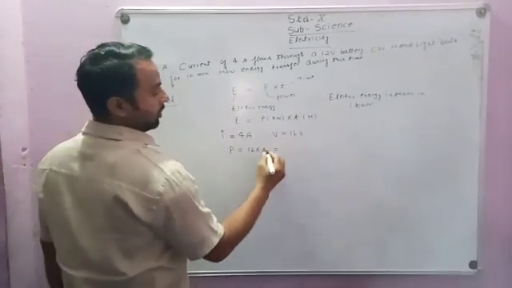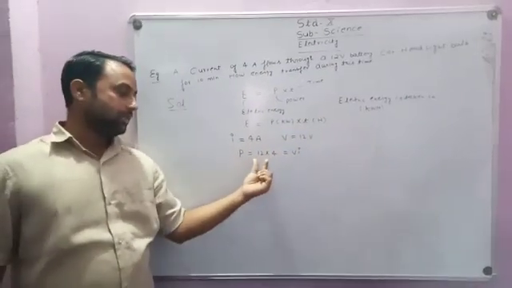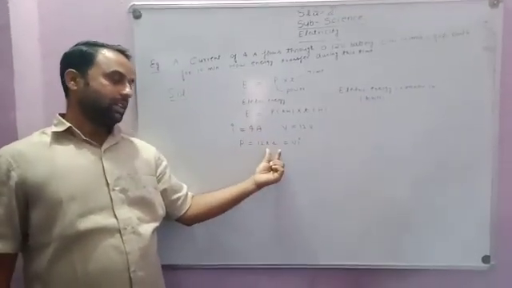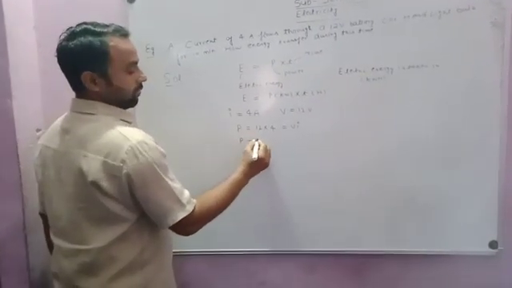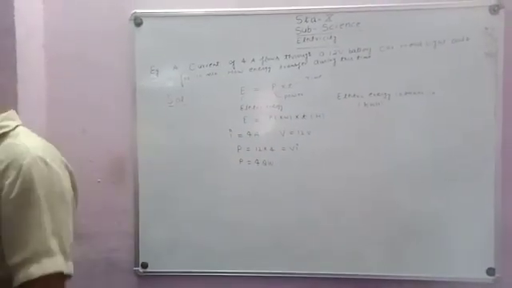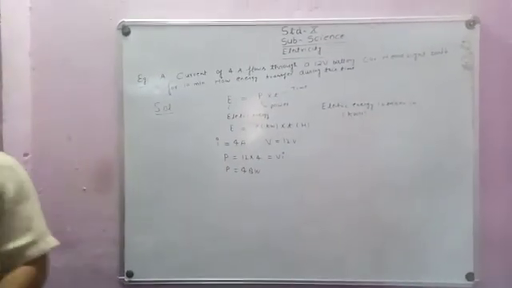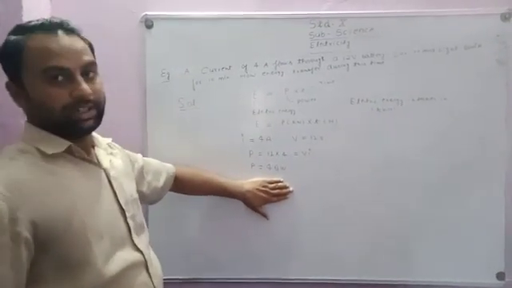We write the voltage 12 volt and the current 4, and the power is calculated at 48 watt. This is the power which we have to consume for the electrical energy.